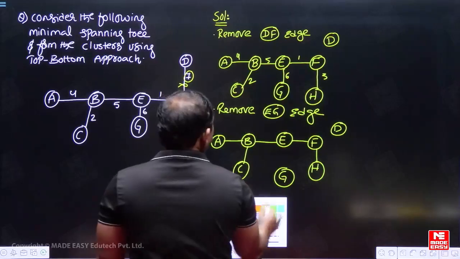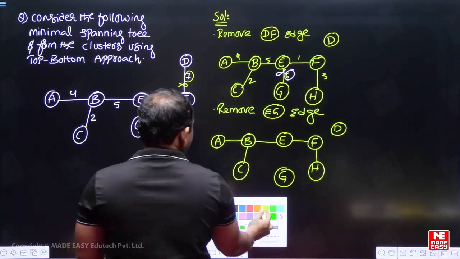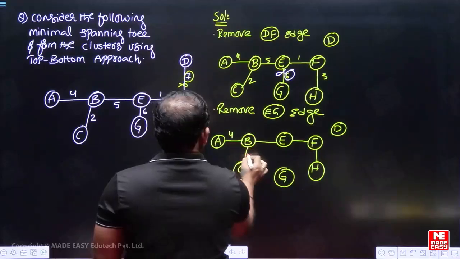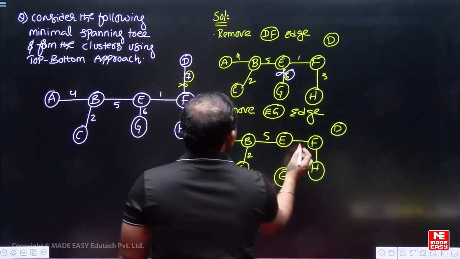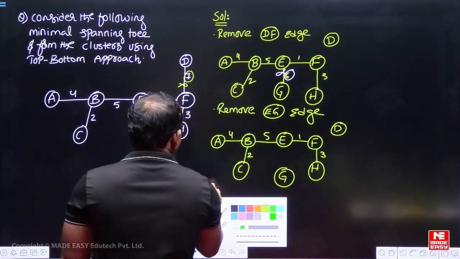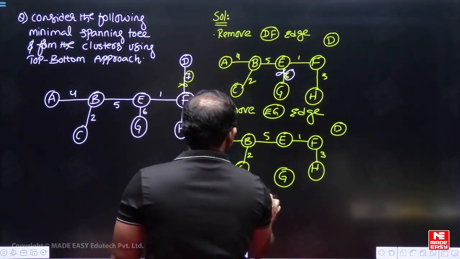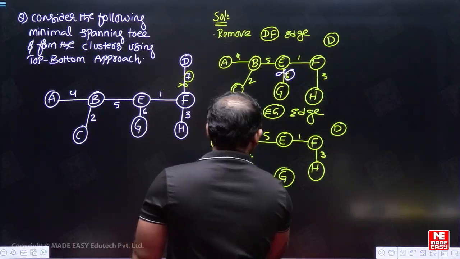Why? We removed this, right? This will be deleted. Then what is the weight here? 4, 2, 5, 1, 3. Now take the next highest. Remove the BE edge.